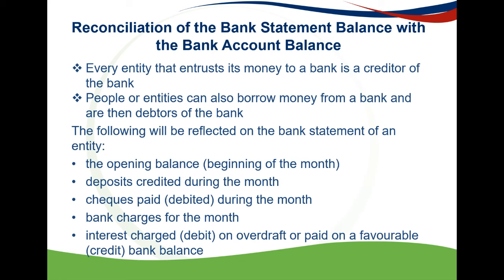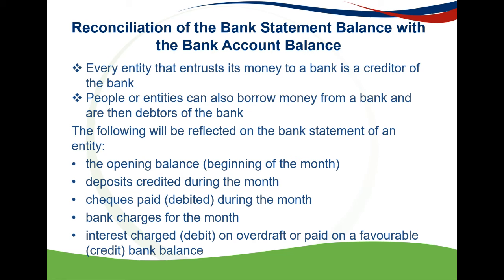What I mean with the direct opposite is if it's in your books a debit balance, that same amount is going to be a credit balance in their books. Because in your books, the bank is an asset and it's basically a debtor. And assets increase on the debit side and decrease on the credit side.